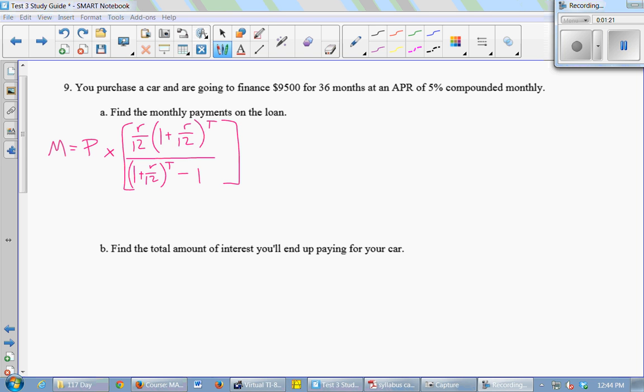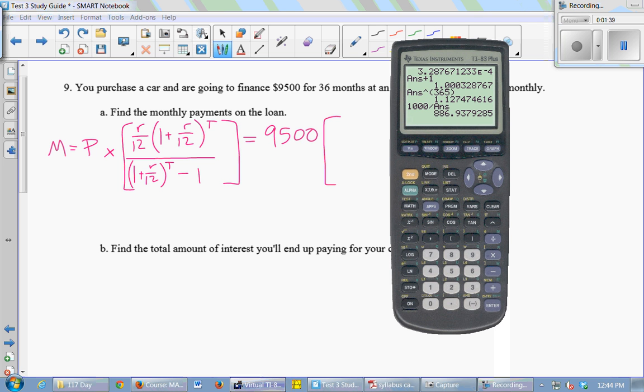P is the amount the loan is for. So P stands for principal or present value, and that would be $9,500. Little r is your APR as a decimal, and then I just divide it by 12. So 0.05 divided by 12 is 0.004166666666.